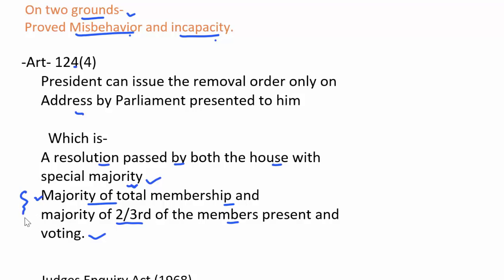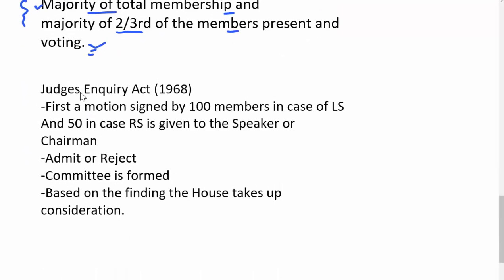So this is the second difference between the impeachment process of a president and Supreme Court and High Court judges. This is the rule mentioned in the Constitution, but the process of removal of the Supreme Court and High Court judges is regulated by the Judges Inquiry Act 1968.